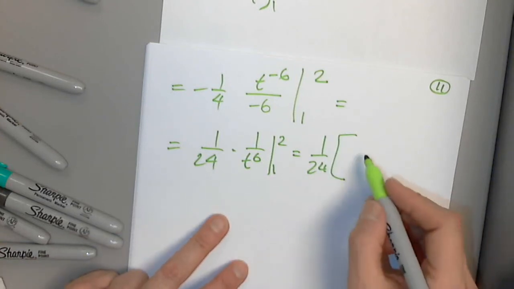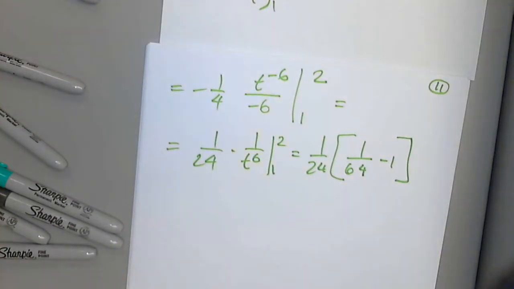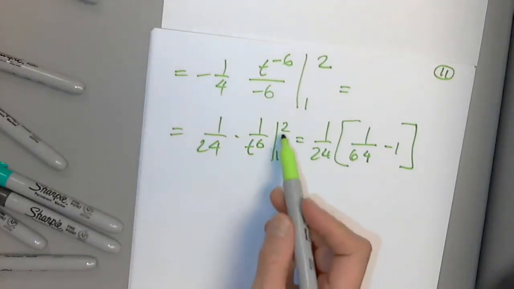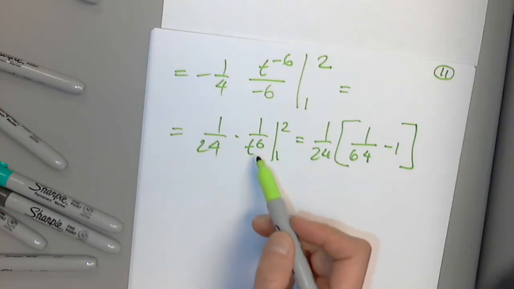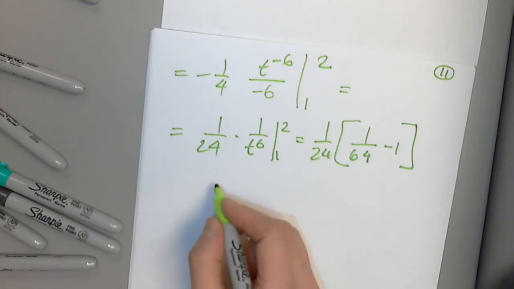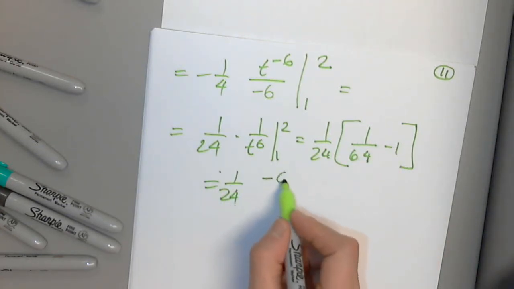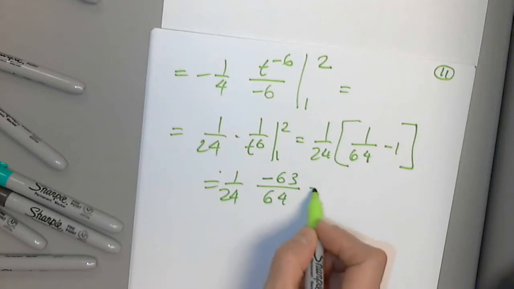I plug in 2. 1 over 64 minus 1. When I plug in 2, 2 to the 6th is 64. When I plug in 1, I have to subtract when I plug in 1. So this is 1 over 24, and the top is -63 over 64.